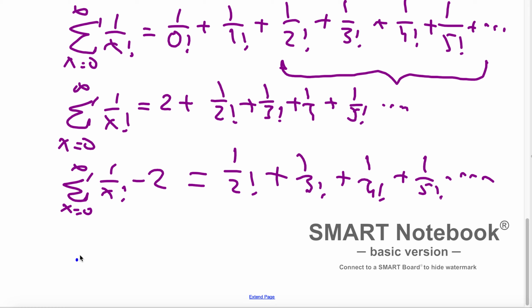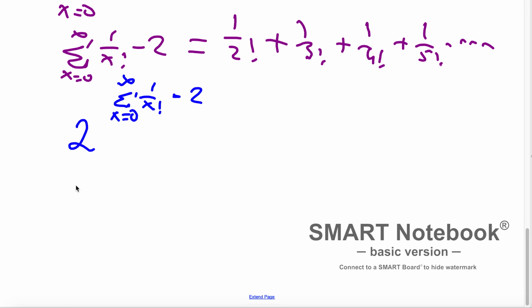And now 2 to the power of this series is going to be equal to the sigma, x equal to 0 to infinity, of 1 over x factorial, minus 2. On the other hand, we already know e.